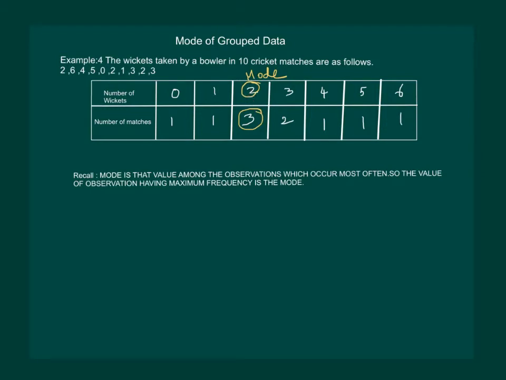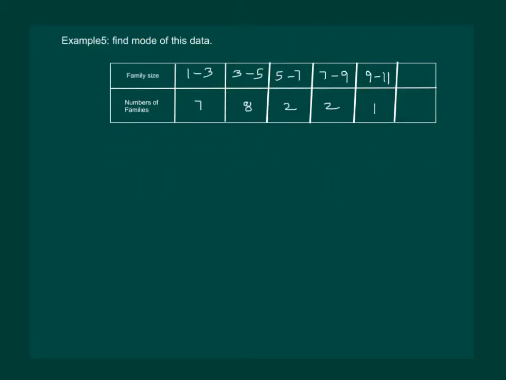But in a grouped frequency distribution, it is not possible to determine the mode by looking at the frequencies. There we can only locate a class with maximum frequency, which is called the modal class. Let us take this example of grouped data and see how we will find the mode.